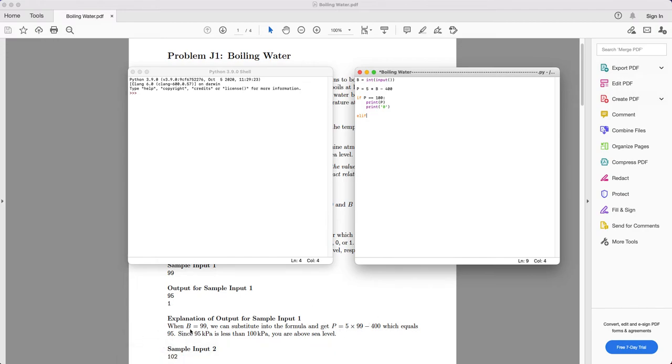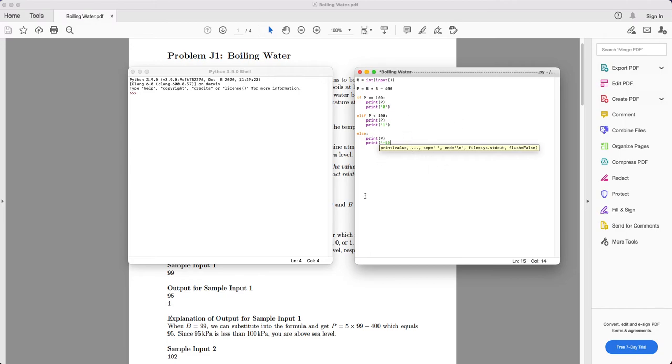Since 95 kPa is less than 100, we're above sea level, because the pressure decreases as you go up. So if the pressure is below 100, we print P itself, and then print 1. Then by process of elimination, we can print P otherwise, and then print -1, because that's the last one left.